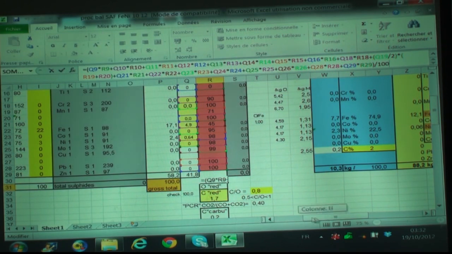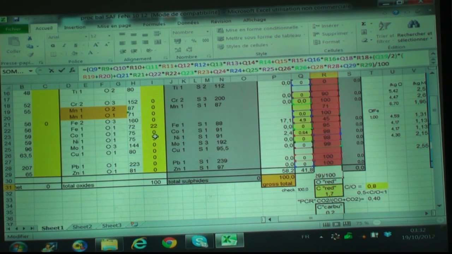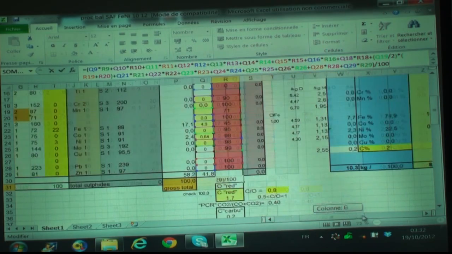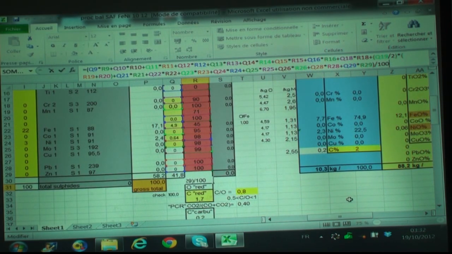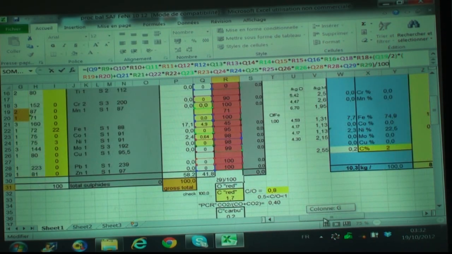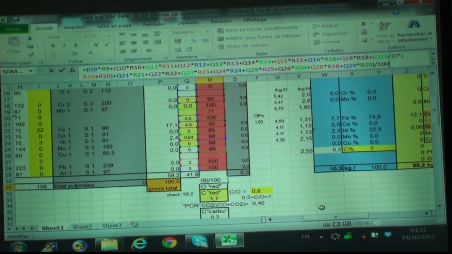Yes, this is this one. MnO2. Yes. MnO2에서 Q90.